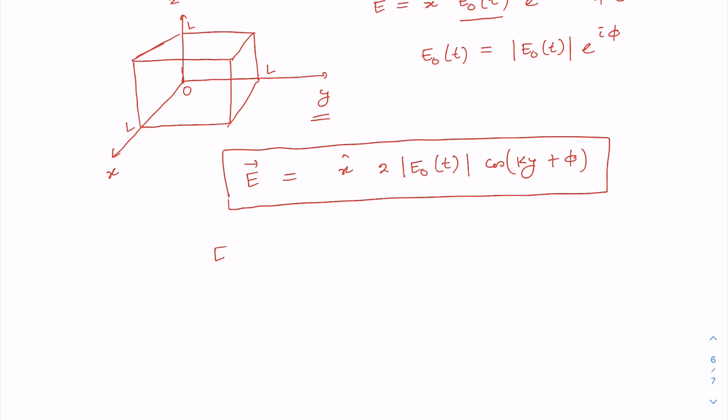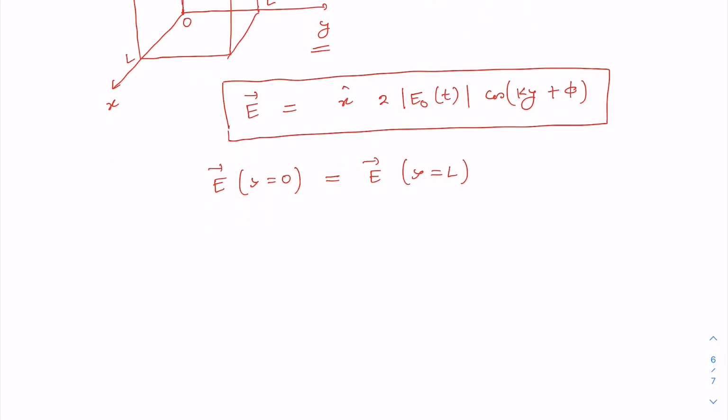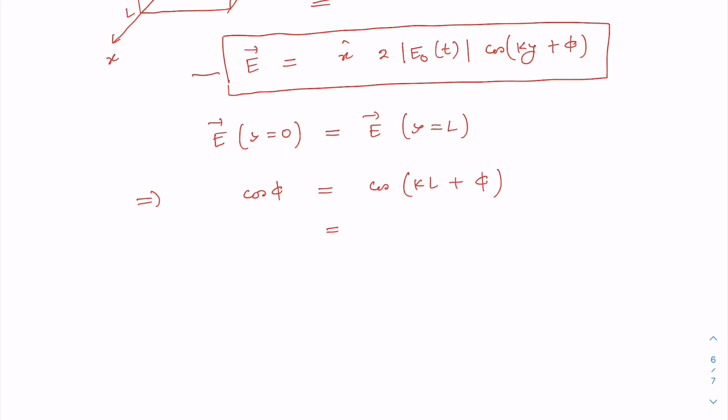What I mean to say is that the electric field at y equal to 0 should be equal to the electric field at y equal to L. If I impose this boundary condition, you can see from these equations immediately that cos phi should be equal to cos(kL + phi). If I open up the right hand side, I have cos kL cos phi minus sin kL sin phi.